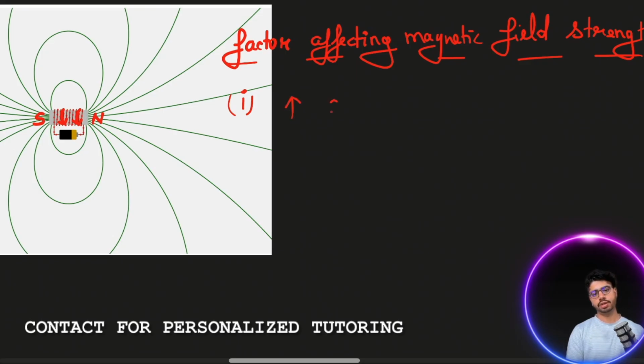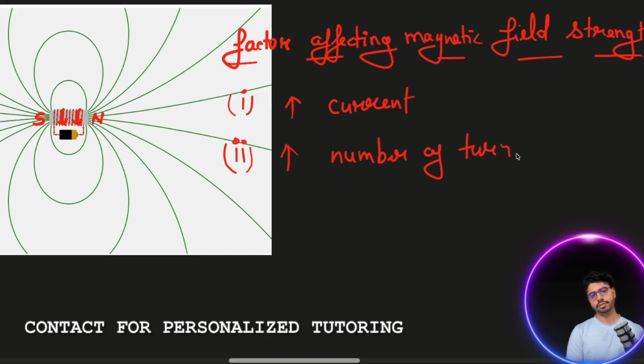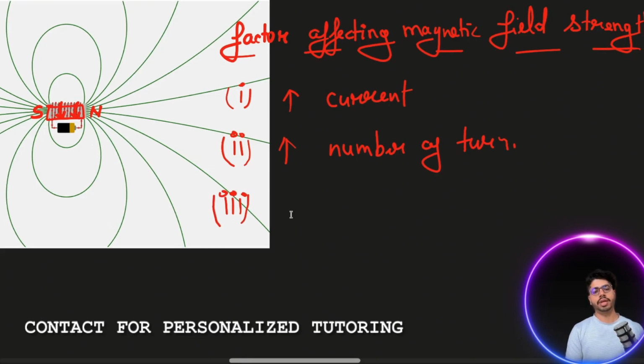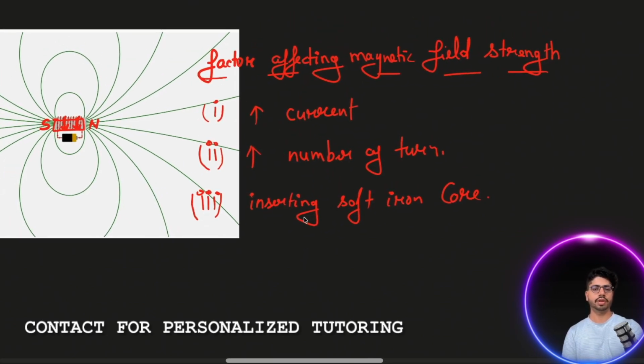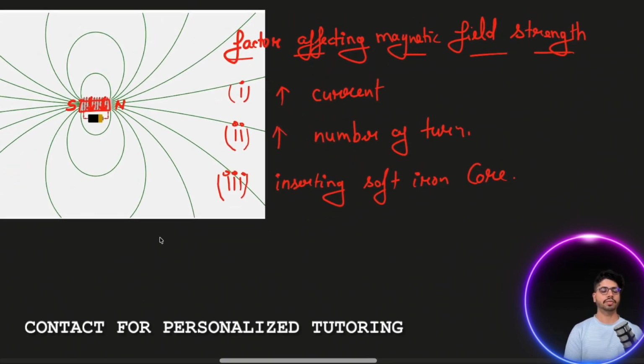Second, you can increase the number of turns. Third, you can insert a ferromagnetic substance. Iron is the best one, so insert an iron core. These are the ways to increase the magnetic field strength.